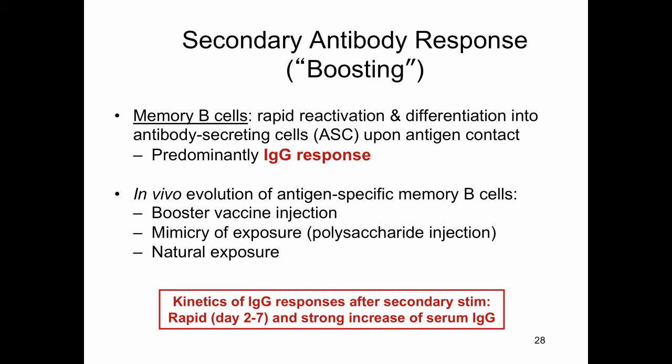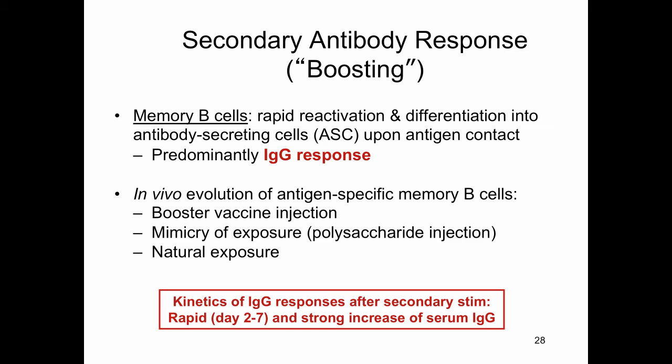And so the secondary antibody response, or the response you see after a boost, receiving a second immunization, is really characterized by the reactivation of memory B cells and differentiation into additional antibody-secreting cells upon antigen contact. And as I said, this is predominantly an IgG response with most vaccines.